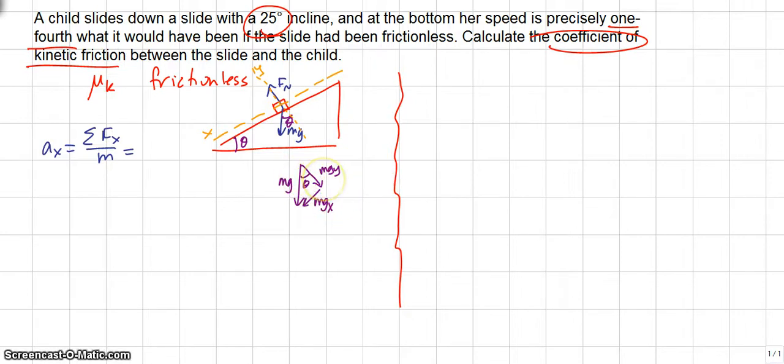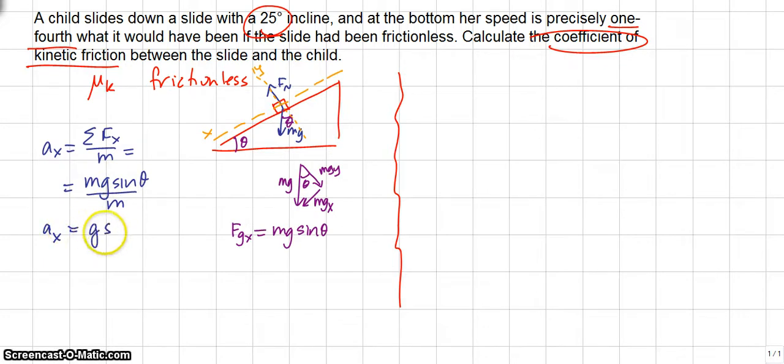The x-axis component is opposite, so the x component of the force of gravity is mg times sine of theta. We can put that back into our equation, mg sine theta over m, so the acceleration in the x direction is g sine theta.